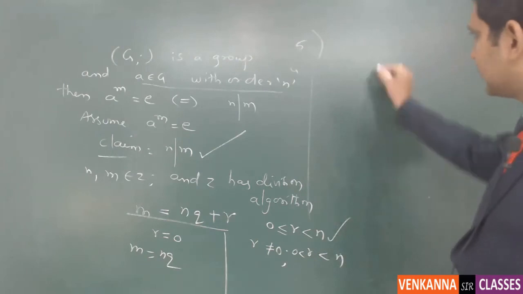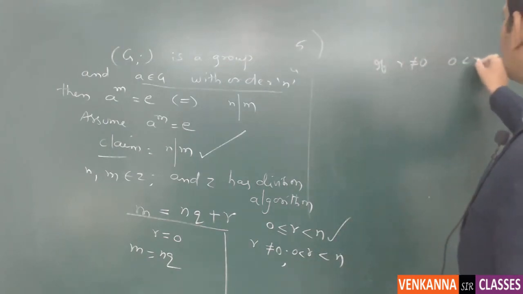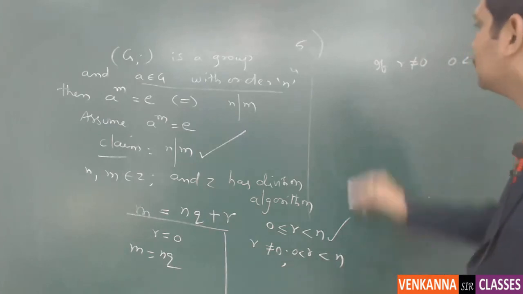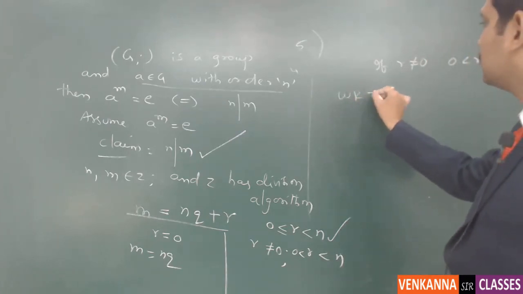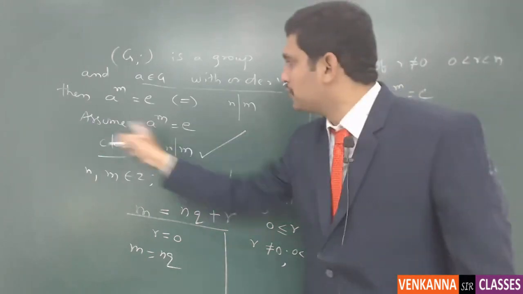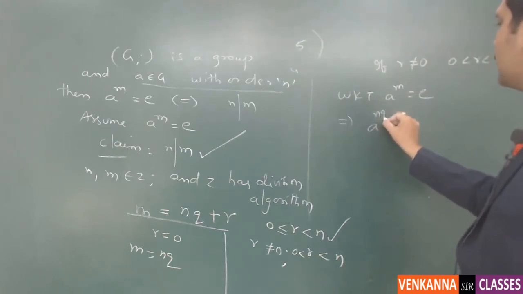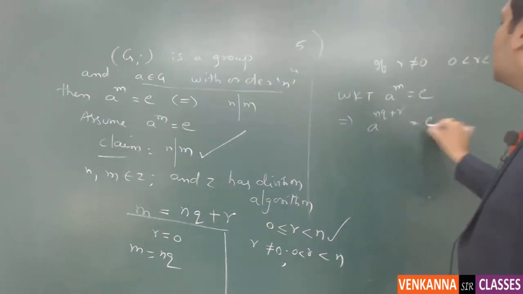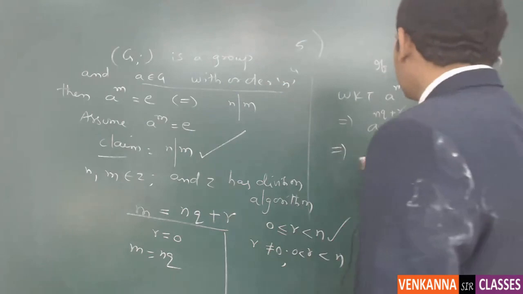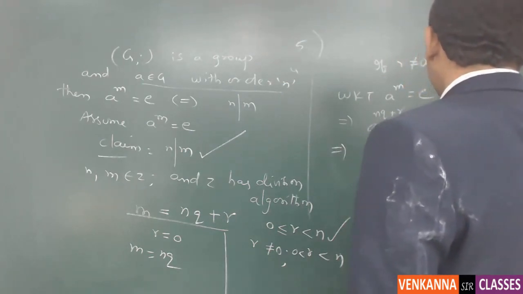If you consider this case, if r is non-zero and 0 less than r less than n, so we know that a power m is equal to e, because we have assumed this thing. From this, a power nq plus r is equal to e. This implies a power nq into a power r is equal to e.